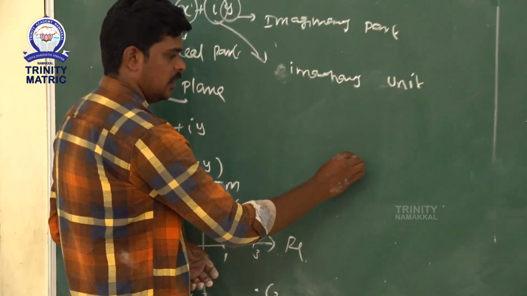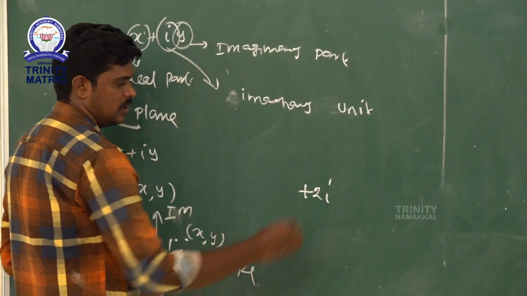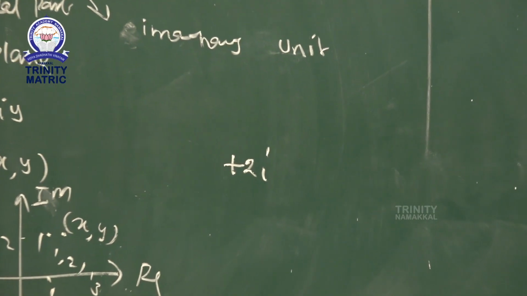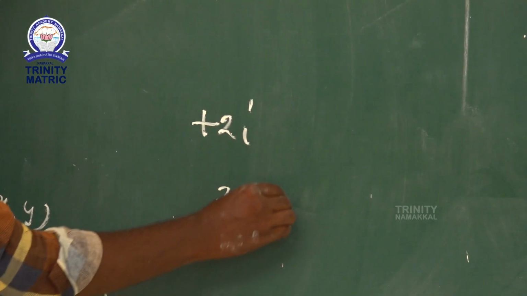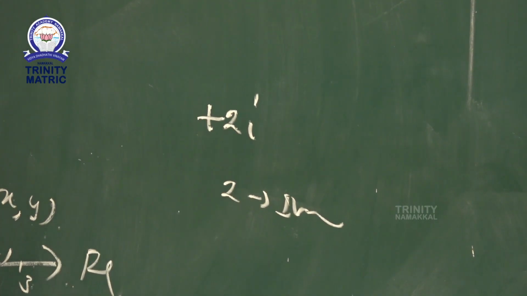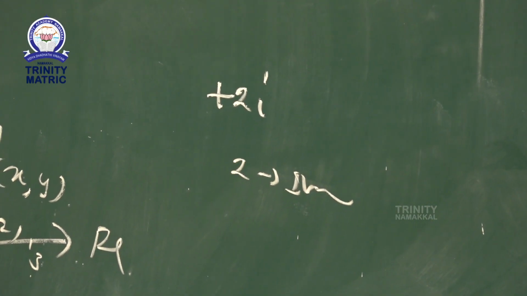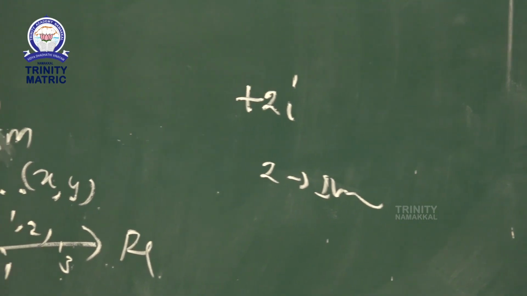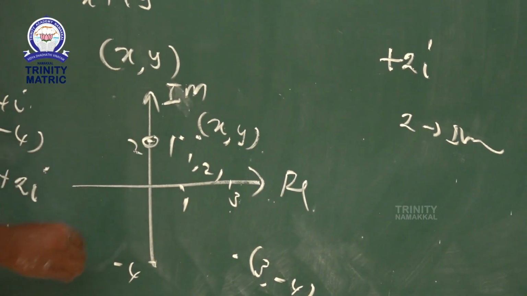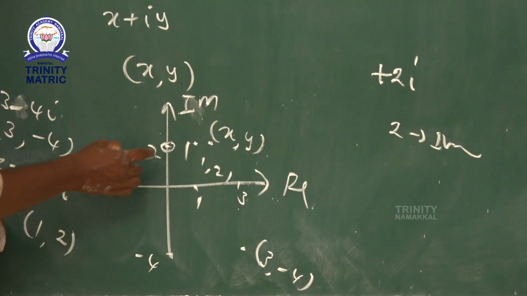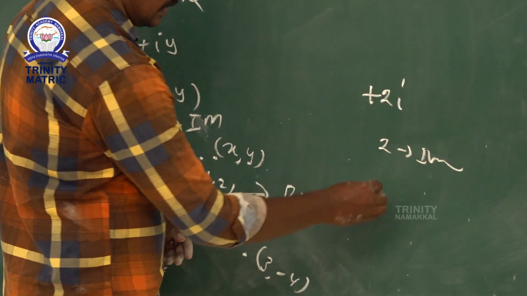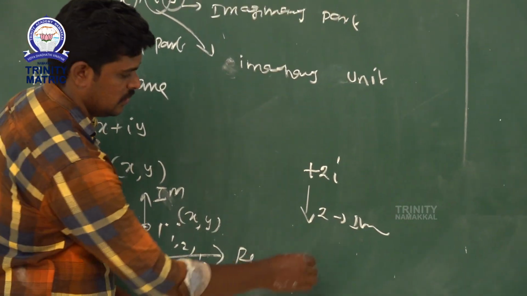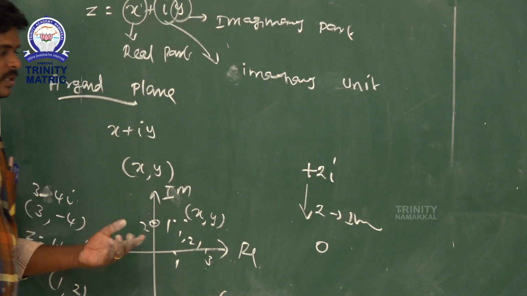For example, take only 2i, where does it lie? In 2i, 2 is the imaginary part, so it is on the imaginary axis, which is the vertical line. 2 is a positive number, so the value 2 is here, and 2i lies in that way. What is the real part of 2i? There is no real part, so take 0.